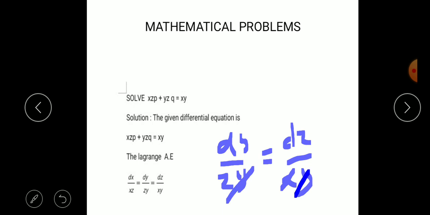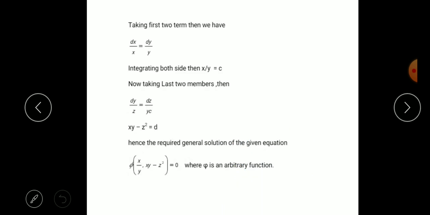If you cancel the term on both sides, then the terms become dy upon z is equal to dz upon x, and from here you can write that x is equal to cy. So this equation dy upon z is equal to dz upon yc can easily be solved by the separation method.